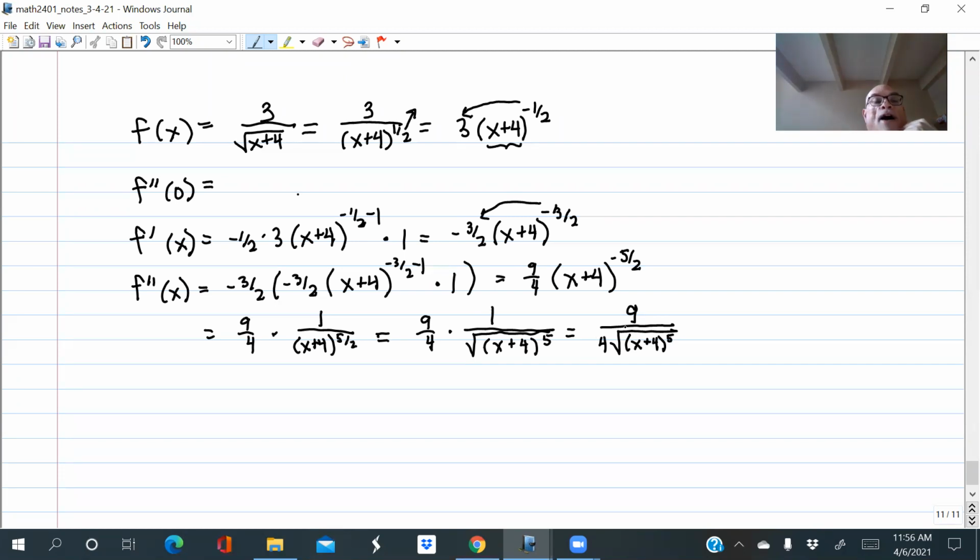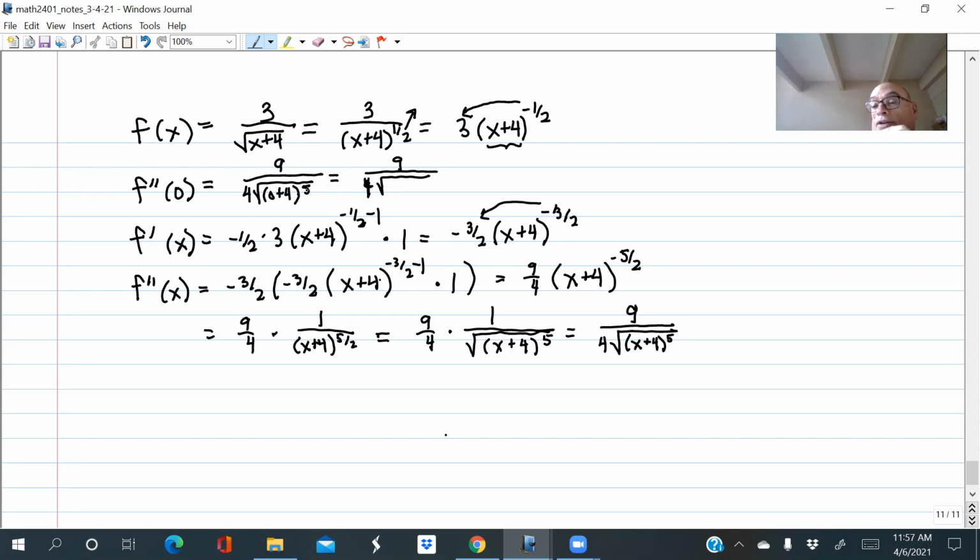Okay. Now we're going to evaluate that at 0. So I get 9 over 4 times the square root of 0 plus 4 to the 5th power. So I may have to have a calculator here, but maybe I don't. So we have 9 over 4 times the square root of 4 to the 5th power.